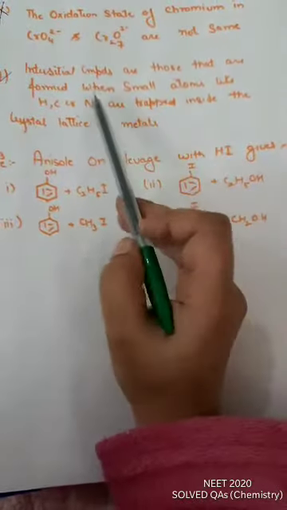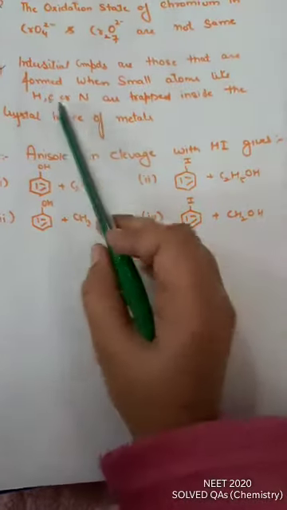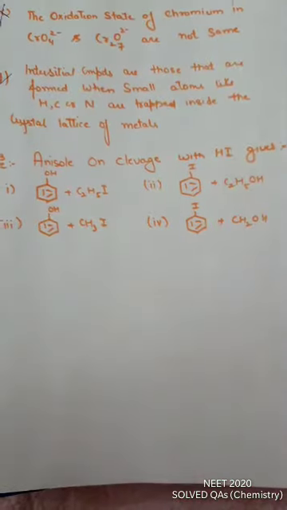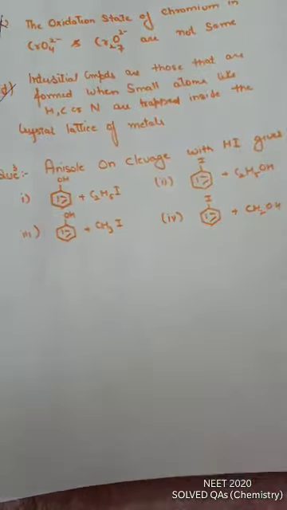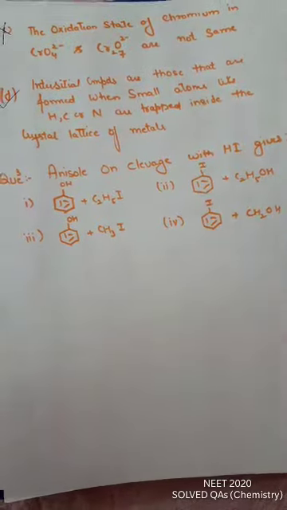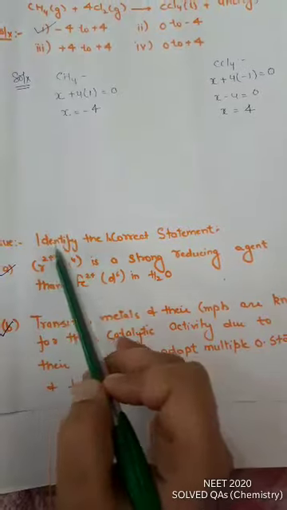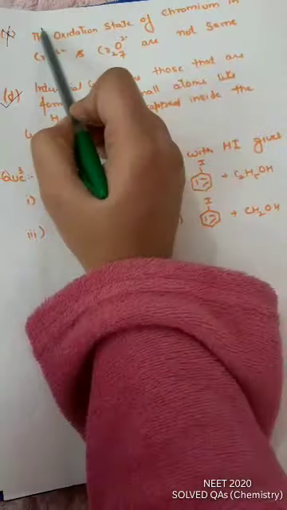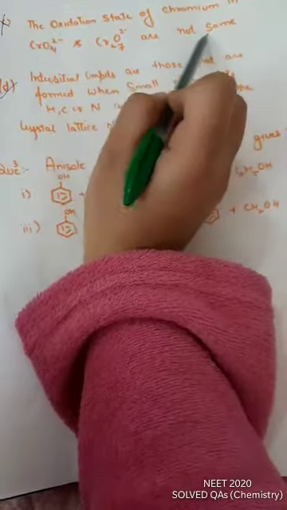Interstitial compounds are formed where small atoms like hydrogen, carbon, nitrogen get trapped in the interstitial sites. So the answer to this question, the incorrect statement, is option C, that the oxidation state of chromium is not the same.